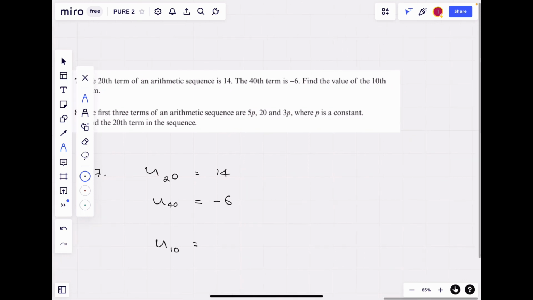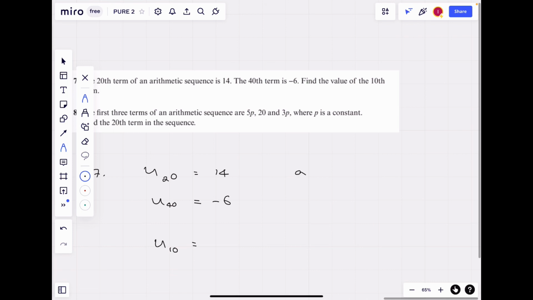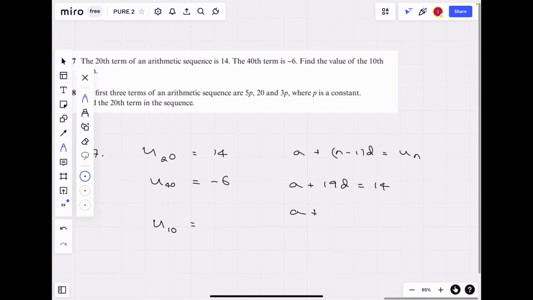So what you can do is use a plus (n minus 1)d, but we can now use our substitutes. A plus 19d equals 14. A plus 39d equals minus 6.